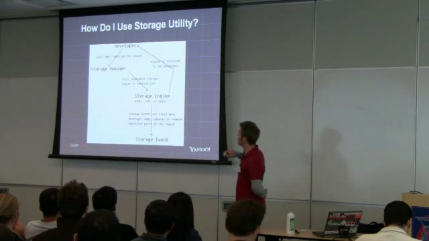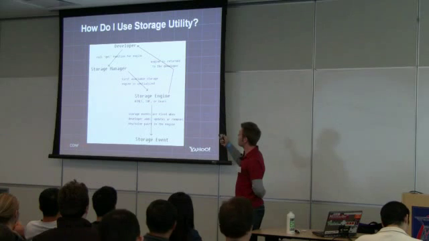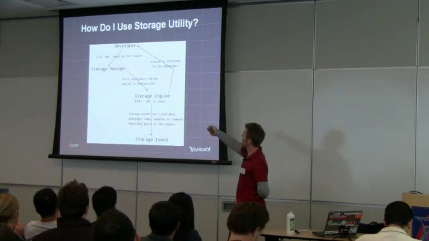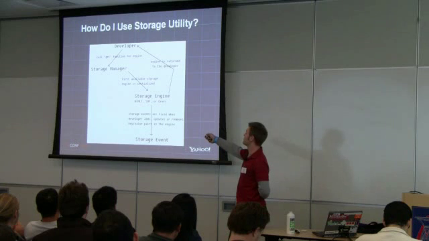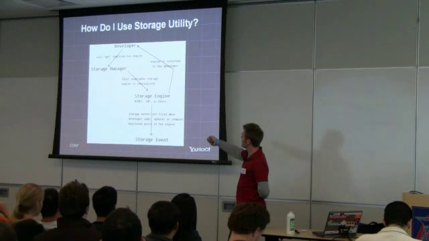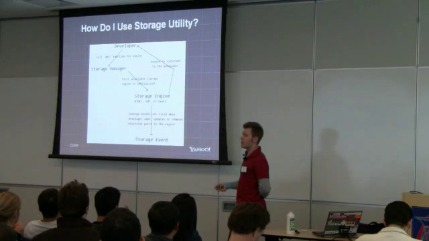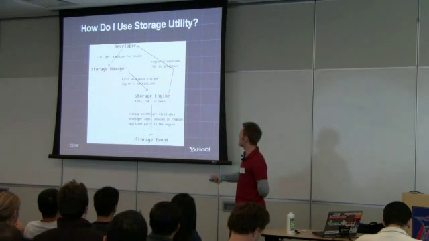This is just a quick flow chart kind of as an overview of what's happening with the storage utility. So as a developer, you're going to call the StorageManager get function. You don't even need to pass anything to it. It'll just grab the first available storage engine, and then it'll return it to you, and you can go ahead once it's ready to start reading or writing from that storage engine.